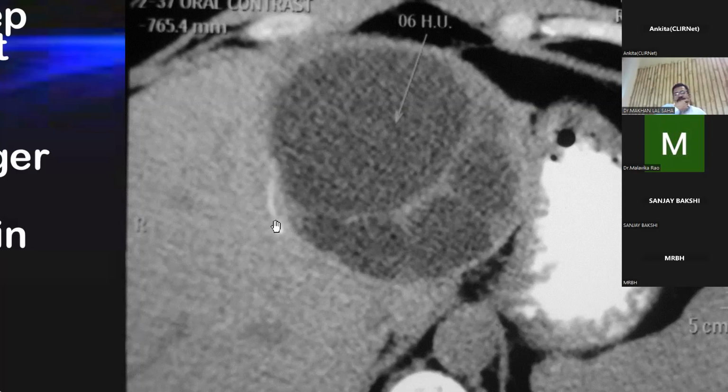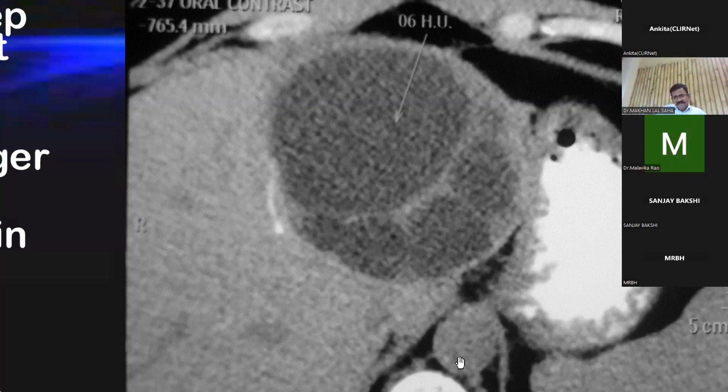If this is seen in a plain CT? Look at this. What is this structure? Just behind the liver, behind this white structure, and this is the stomach. Can you see my cursor on that? Yes, sir.